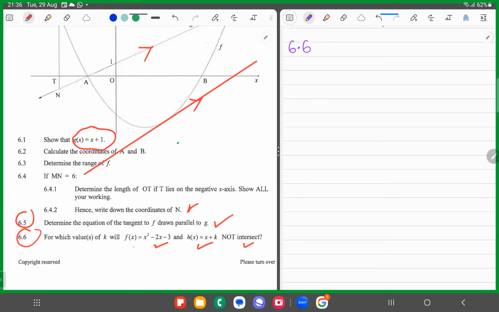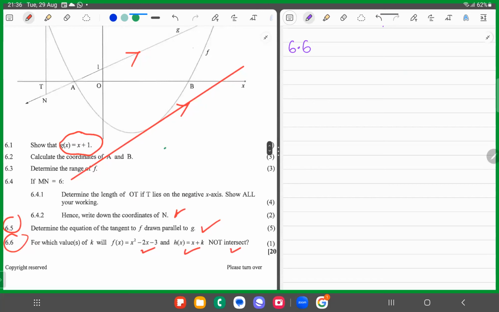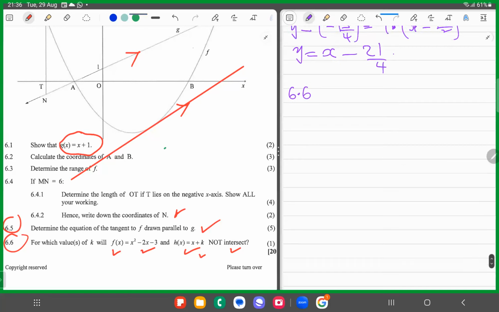For which values of k will these two functions not intersect? 1 mark. Right, so now you can look at this and think. For which values of k will f and h not intersect?